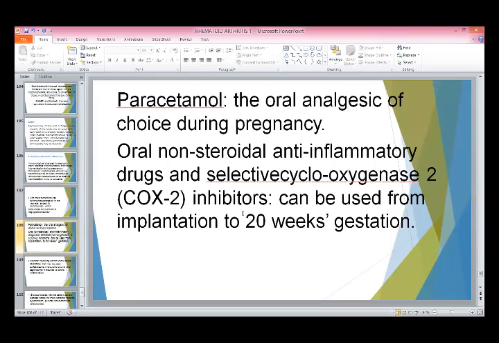Paracetamol is the oral analgesic drug of choice in pregnancy. Sometimes NSAIDs and COX-2 inhibitors can also be used after 20 weeks of gestation.